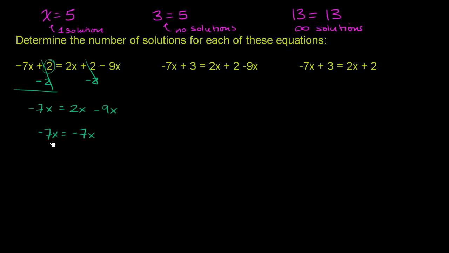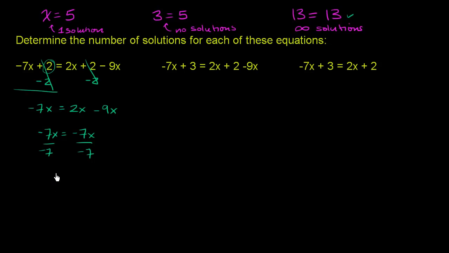This is already true for any x that you pick. Negative 7 times that x is going to be equal to negative 7 times that x. So we already are going into this scenario. But you're like, hey, Sal, I don't see 13 equals 13. Well, what if you did something like you divide both sides by negative 7? At this point, what I'm doing is kind of unnecessary. You already understand that negative 7 times some number is always going to be negative 7 times that number.